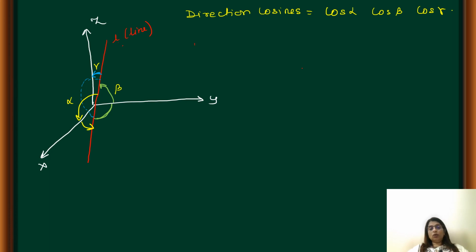Now due to linear pair, if this is alpha, this will be pi minus alpha, this will be pi minus beta, and this will be pi minus gamma. So basically, let's say that line L makes two angles with the positive side of all axes.